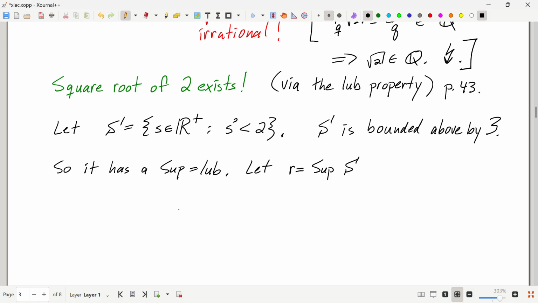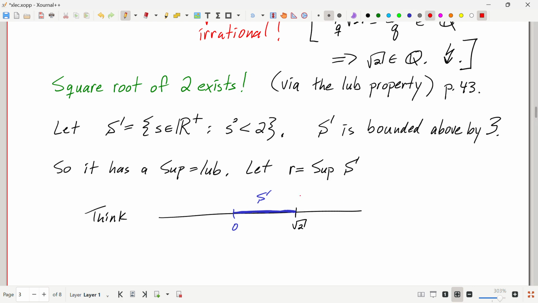Okay, so here's what I'm thinking. I've got square root of 2 here, and I've got this set S. And I don't know if there is a thing whose square is 2 yet. I'm going to show you there is one. And so the R is the least upper bound.